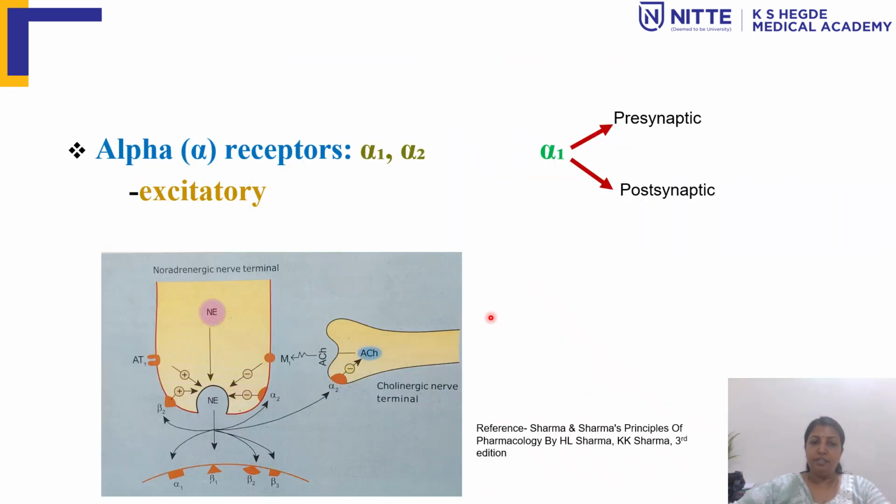Now coming to the alpha receptors. As I've told you, they are of two subtypes, alpha 1 and alpha 2, and they are usually excitatory in nature. Alpha 1 is usually present postsynaptically, but alpha 2 is present even presynaptically. Presynaptically means here.